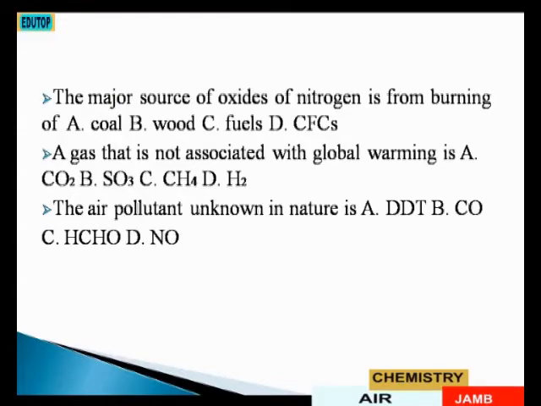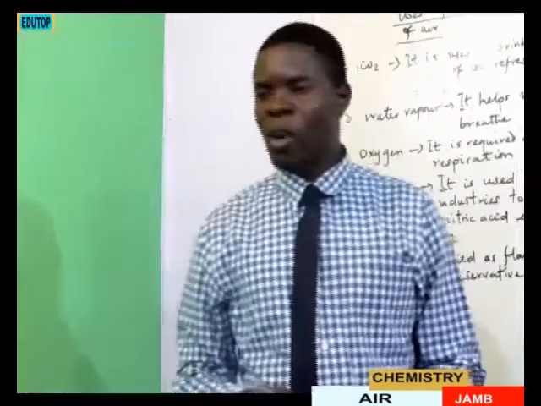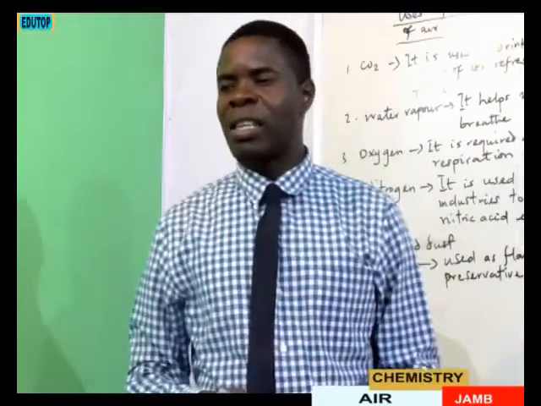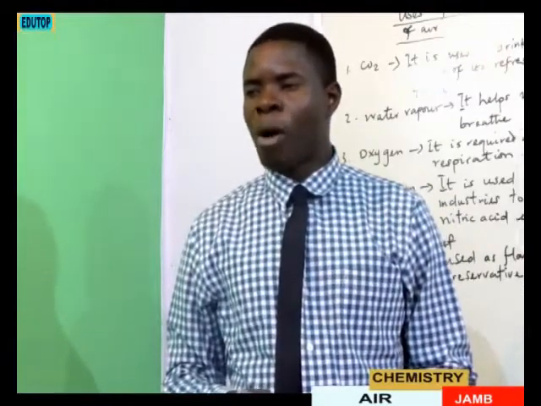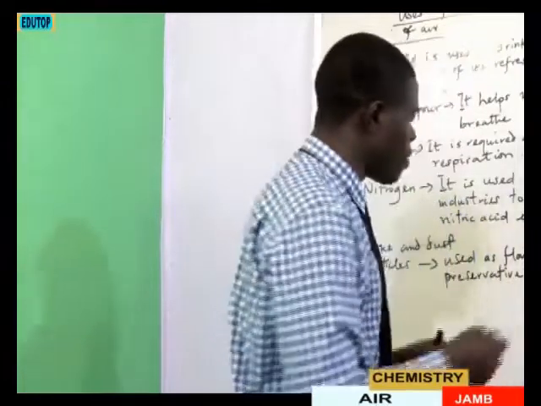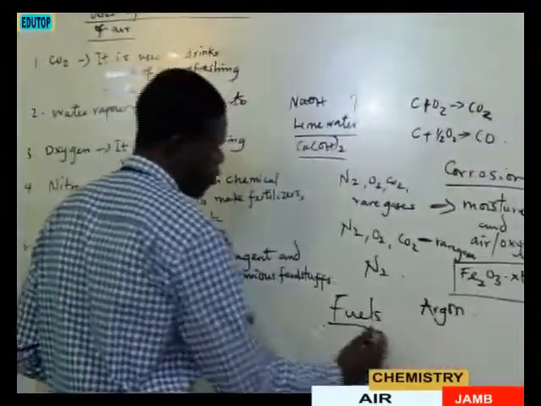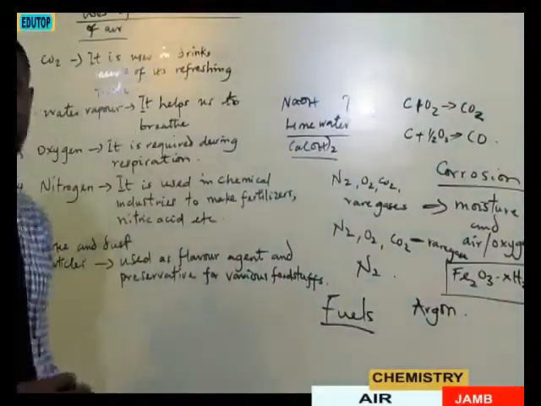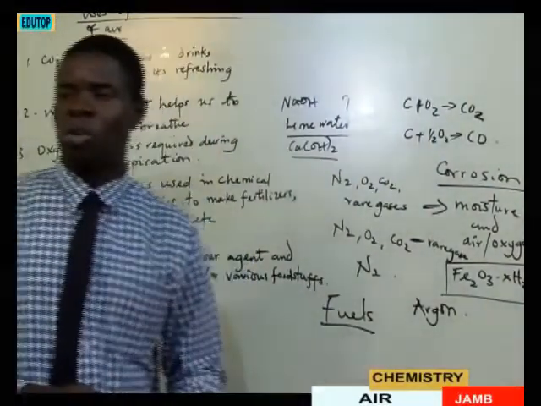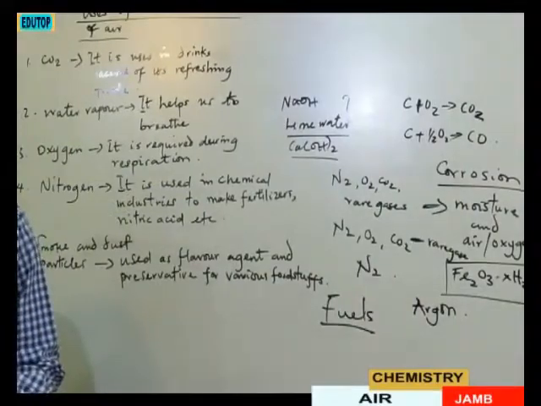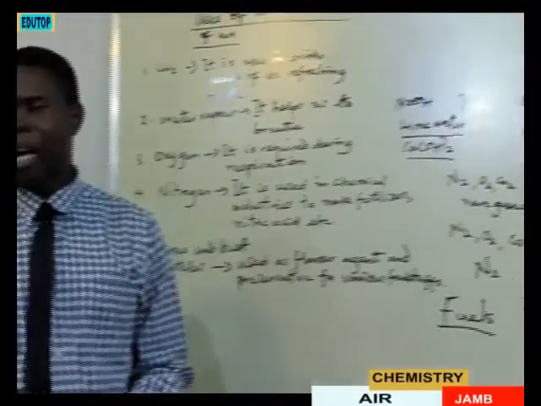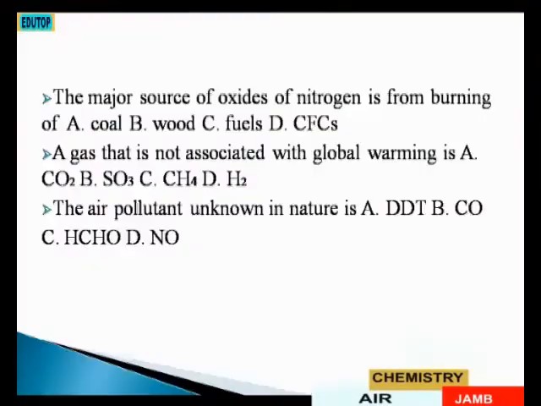So the major source of oxides of nitrogen is from burning of what? Fuels. When fuel is burned, that is where you have a major source of oxides of what? Nitrogen. So the answer to that question will be option C, which is fuels.